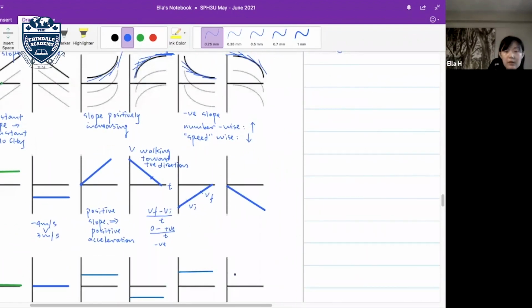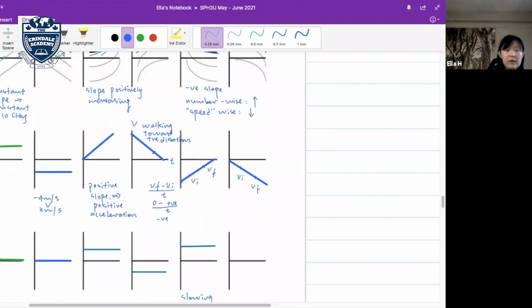And then the last one, you can still take this as the final velocity. This is initial. Final more negative minus less negative still gives you negative. Okay, so acceleration is negative.